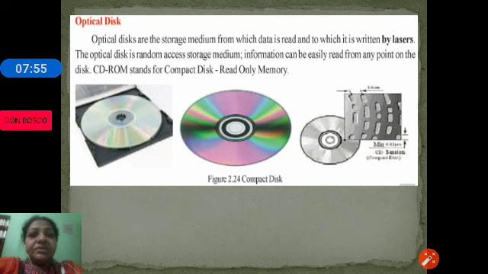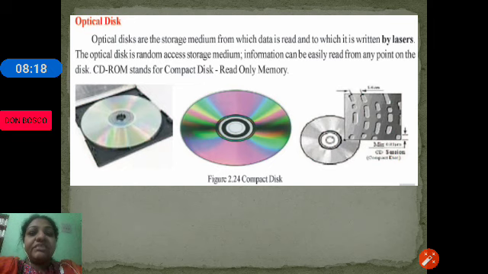So next, the trend today is the optical storage devices, optical disks, CD, DVD. As a floppy disk has a capacity of 1 MB, a CD or compact disk, which is an optical disk storage device, has a capacity of about 600 MB.